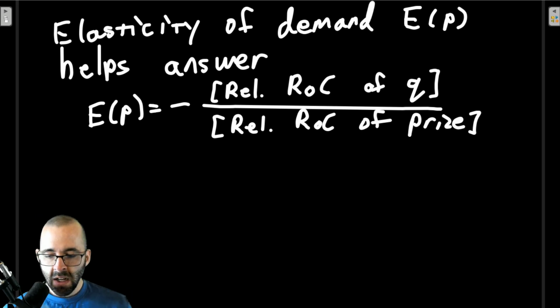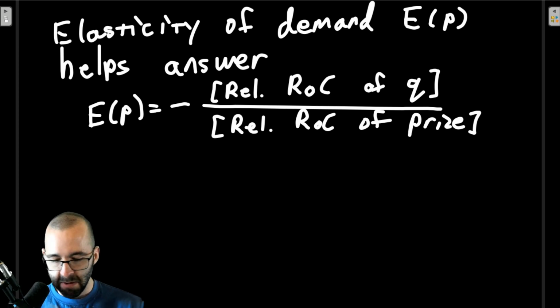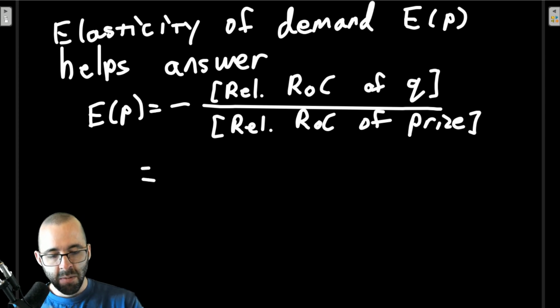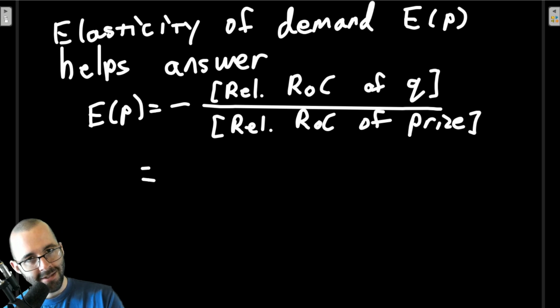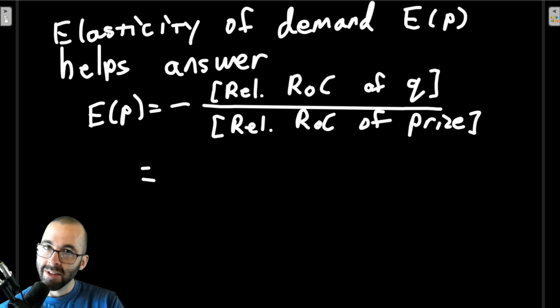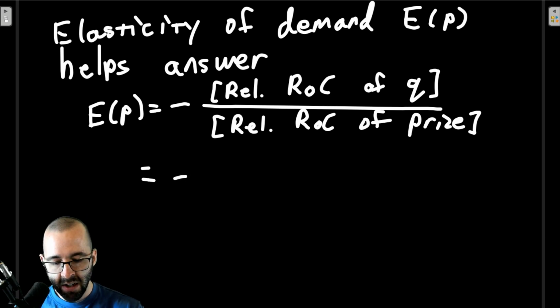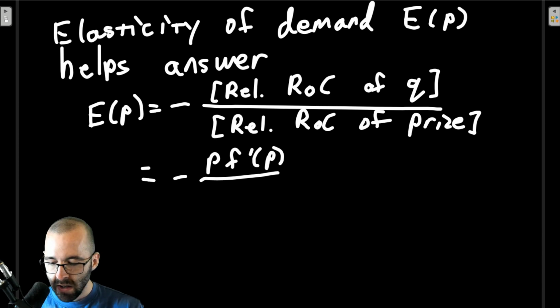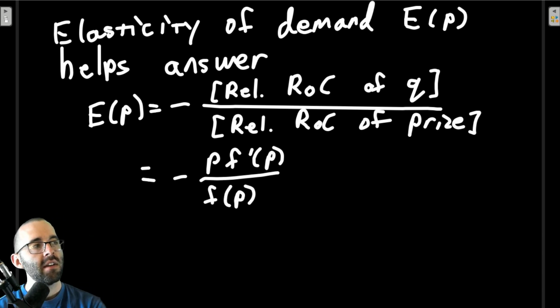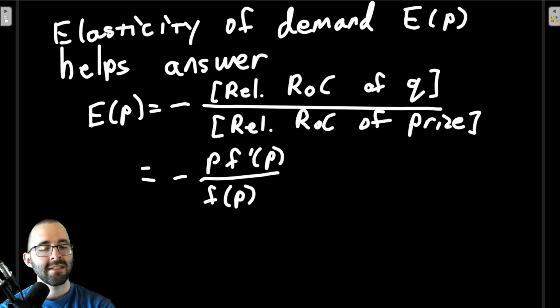Okay. And if you do some steps, which I'm not going to show here, we know how to find the relative rate of change. That's the derivative divided by the function. If we did this and did some simplifying, we get negative P times F prime of P over F of P. In other words, elasticity of demand is just P times the logarithmic derivative.